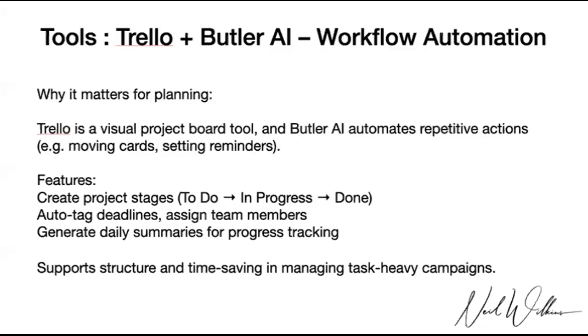So Trello, for example, is a visual project board tool, and Butler AI automates repetitive actions like moving cards and setting reminders. So it can create project stages, to do, in progress, and done, for example, and really help you to manage the project flow.